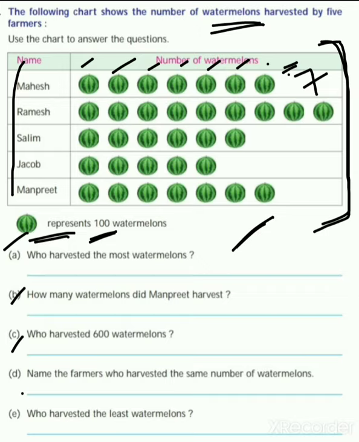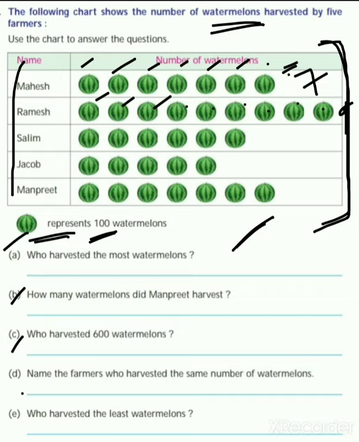So the number of watermelons harvested by Mahesh is 700. Now count the watermelons represented by Ramesh: 1, 2, 3, 4, 5, 6, 7, 8, 9. So here 9 means Ramesh harvested 900 watermelons.